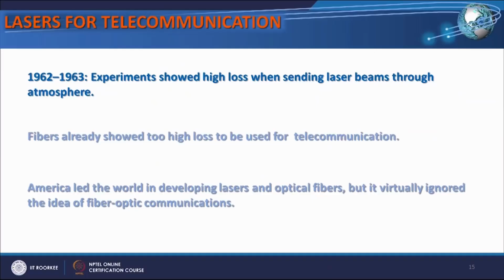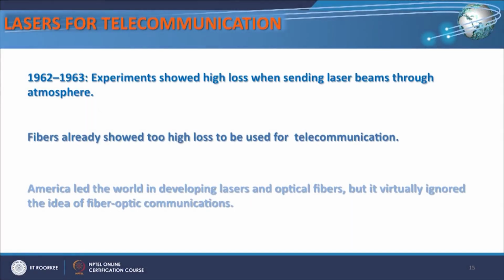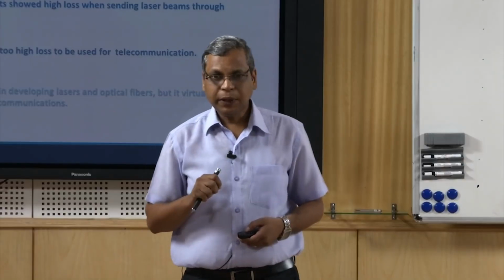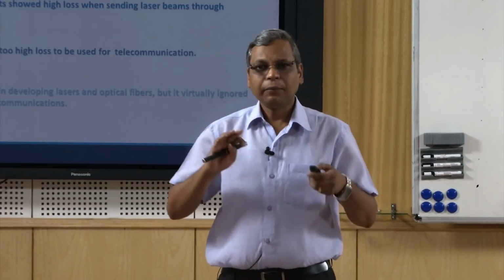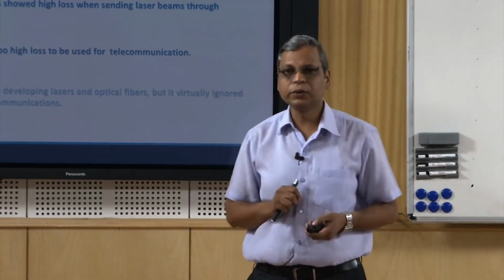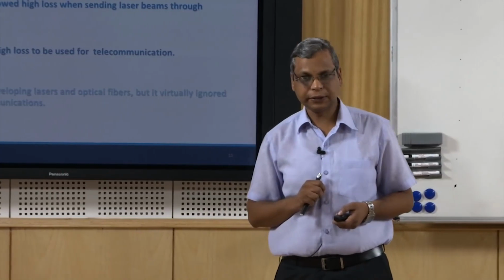So in the years 62 to 63, experiments showed high loss when sending laser beams through open atmosphere, and fibers already showed too high loss to be used for telecommunication. So during this time, in early 60s, people had lost interest in using optical fiber for telecommunication.